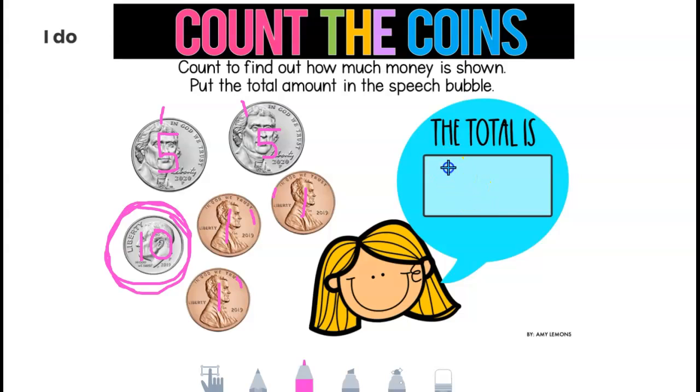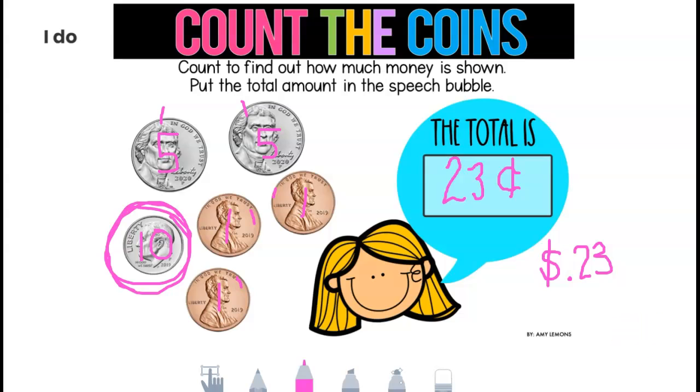So my answer, the total is 23 cents. Now another way that you could write that is you could put your dollar sign first, and then your decimal point, and then your 23. That also means 23 cents.